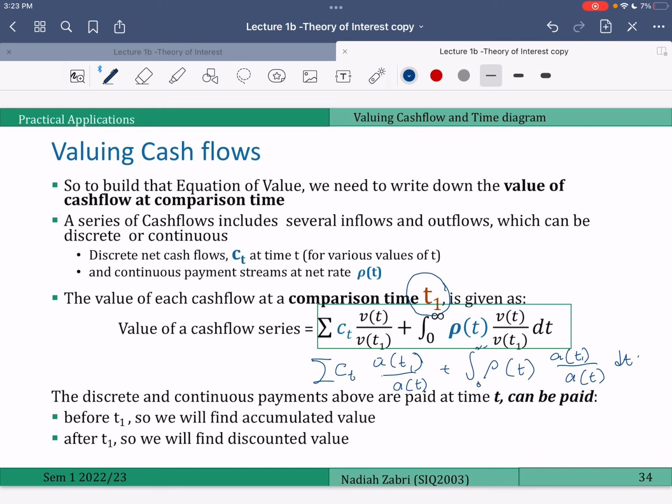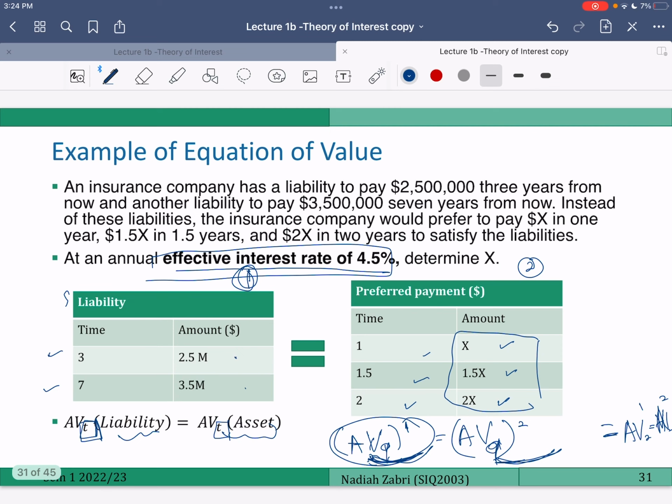For all of the discrete payments that we are considering, those payments will be paid at numerous times t. For this example, in cash flow 1, the t is 3 and 7. In cash flow 2, the t is 1, 1.5 and 2, right?